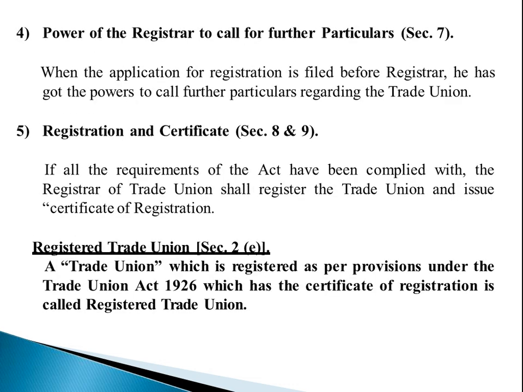Here, the power of the registrar to call for further particulars is being given. When an application is submitted to the registrar, he will have the power to call for further particulars regarding the trade union, because any clarifications he wants to get from the trade union which has been formed or applied, he will call for the trade union members and get the clarifications, and then he will go for the certification.